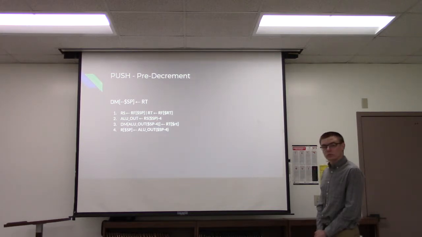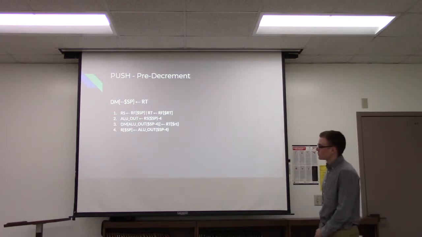Like RT, I assume, is being written on the 2nd clock also. What would it be being written with? So the first two clocks, you're calculating the address by decrementing the stack pointer, but you show RT being written on the first clock but not used till the third clock. You know what I mean?